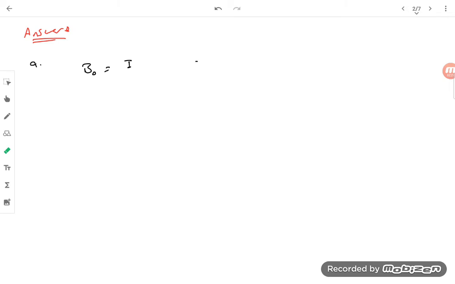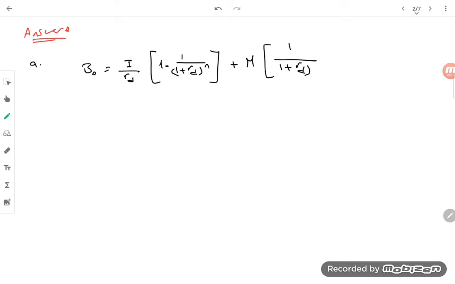Now we are going to rewrite it in another form: I over RD, which is the discount rate, multiplied by 1 minus 1 over (1 plus RD) to the power n, plus M multiplied by 1 over (1 plus RD) to the power n.